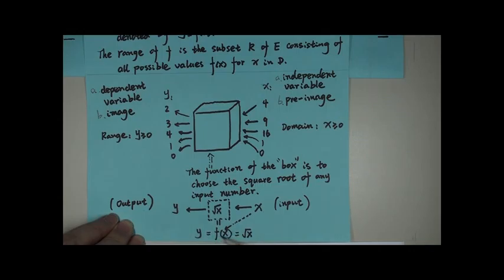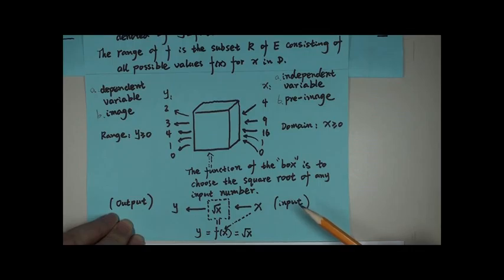It is read "f of x." And f of x is actually radical x, because for each x you choose the square root. That's why we write f of x equals radical x. So actually y equals radical x.